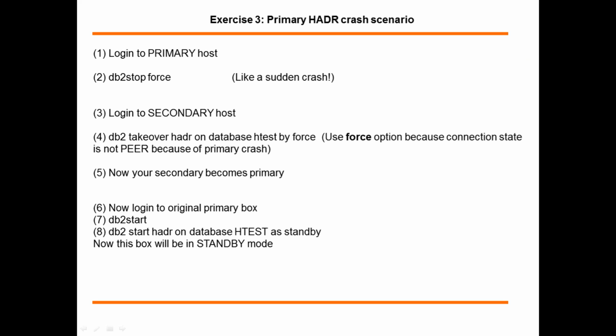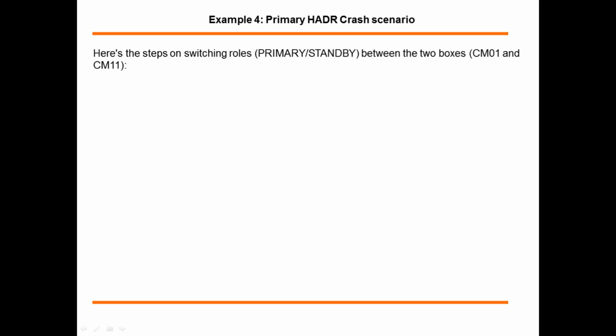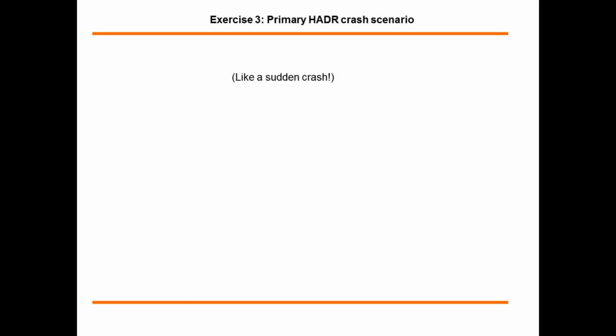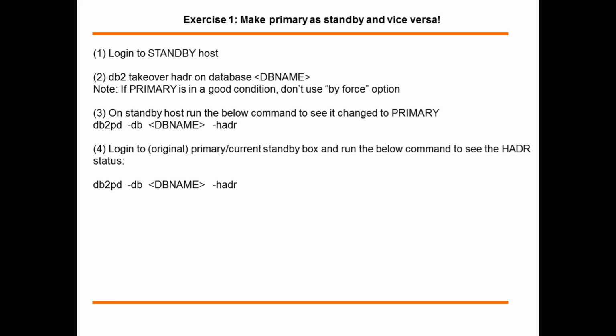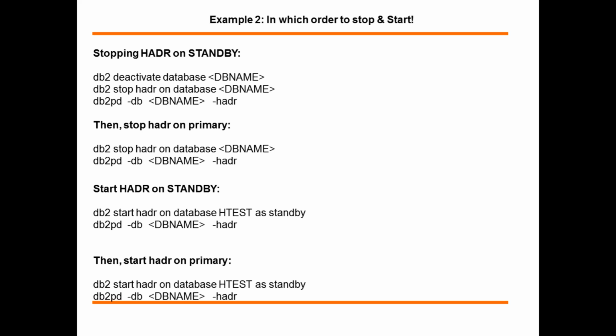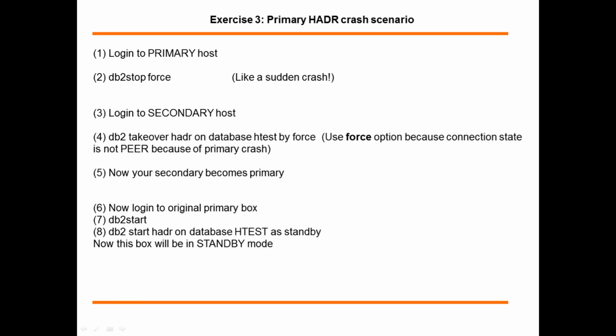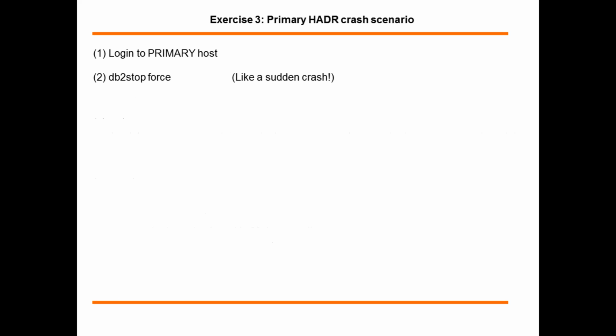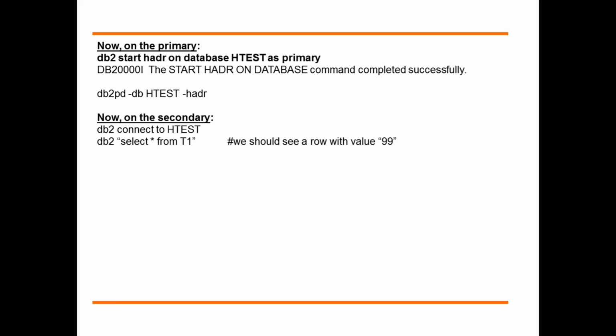So I would like to share this recording immediately so that you can practice, because HADR is mostly a practice thing. You can do this on a single VM itself. But while doing a restore, you have to specify the DB path and storage path.